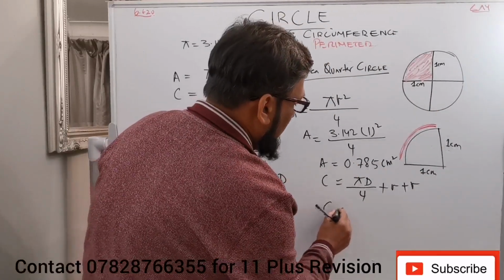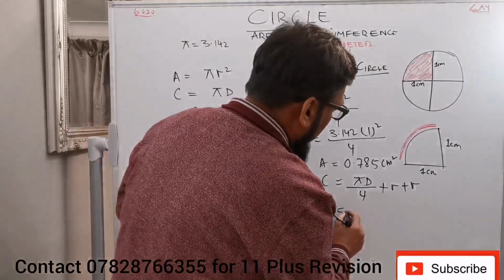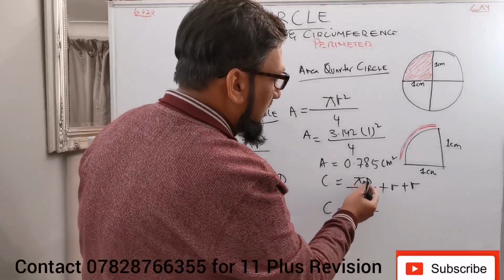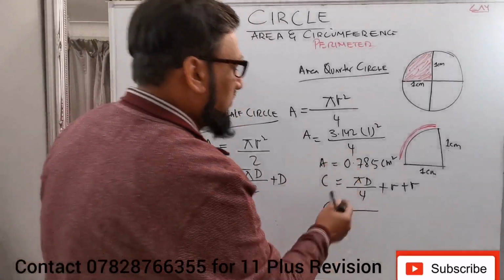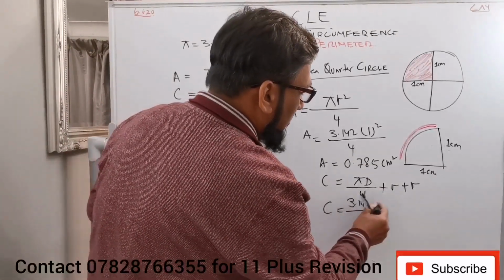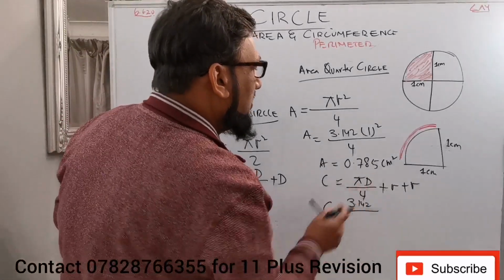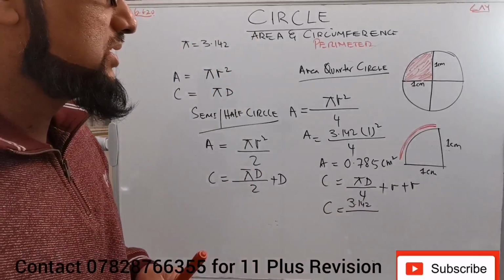So for the circumference, the pi value is fixed, which is 3.142, and the value of d means diameter.